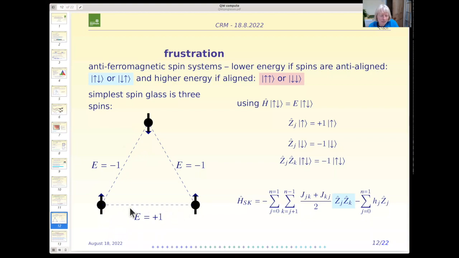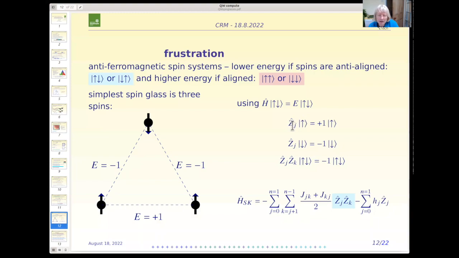So now we have energy +1. So the total energy here is the sum of these energies. And so we end up with an energy of -1, not -3, if we could set all of these individual links to the lowest possible. So that is without these J factors and H factors here.